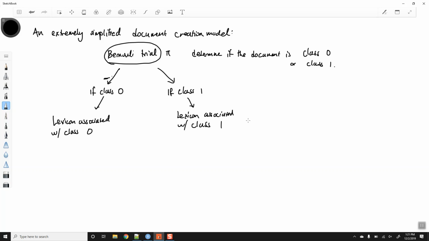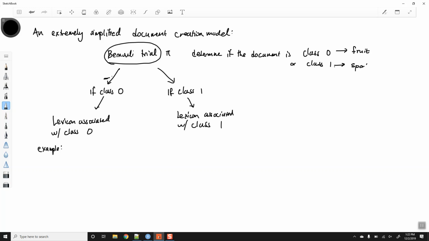So for example, maybe class 0 means the document is going to be about fruit, and class 1 means the document will be about sports.